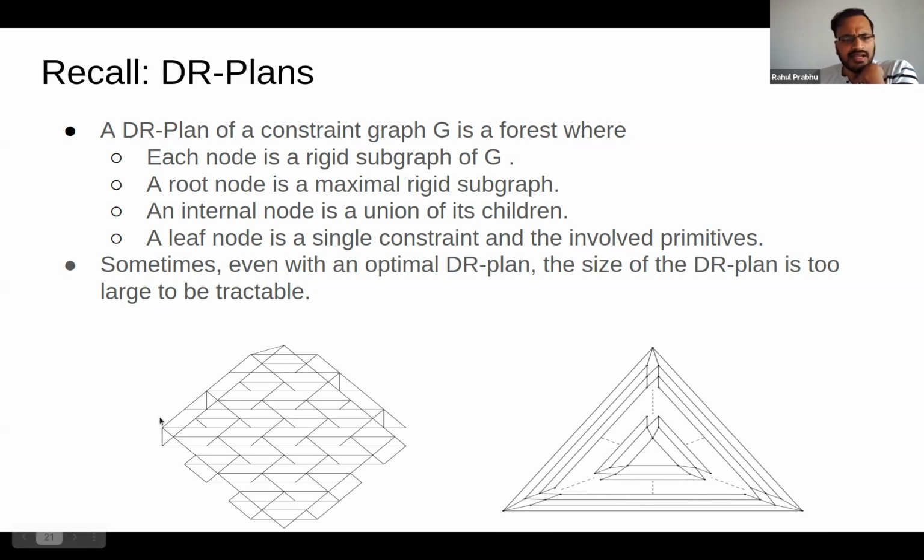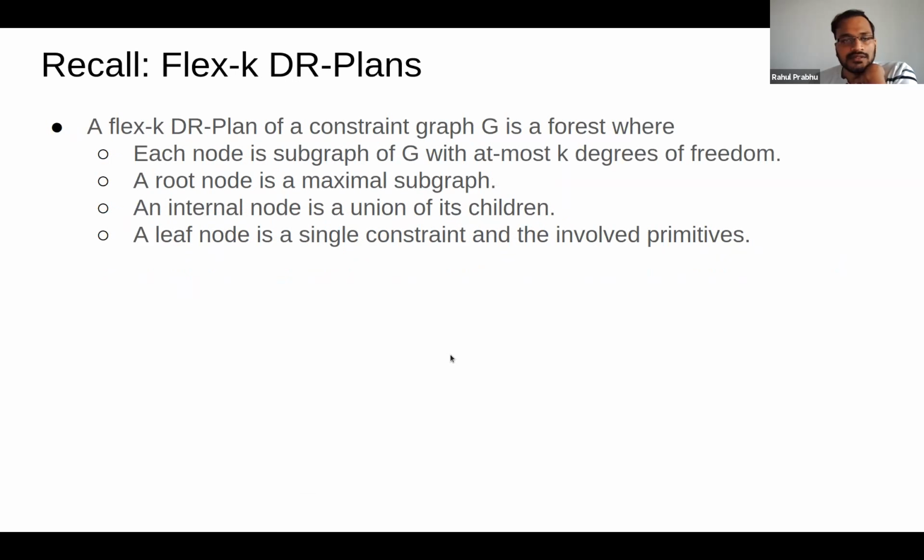So if you try and decompose this, the size of the largest indecomposable system kind of depends on the size of the graph. So it can get very ugly. So to deal with these kinds of issues, they have this idea of what they call the flex K DR plan.